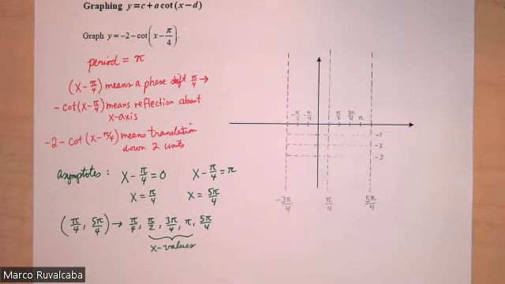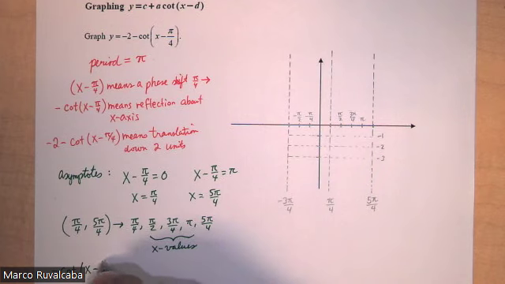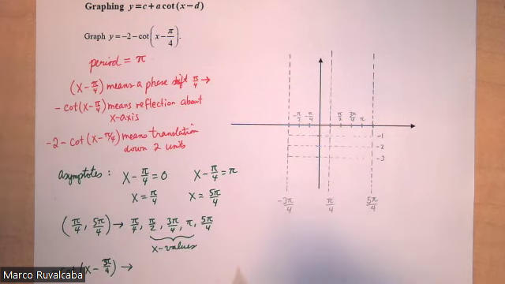Okay? And so when we find the minus cotangent of x minus pi over 4, that's going to give us, so it would normally give us 1, 0, -1, but it's minus that.